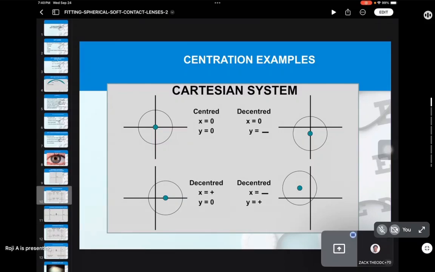But if it's decentered inferiorly, but there is no deviation nasally and temporally, then what you will have there is x 0, and y, if I would estimate here, could be around 2 to 3 millimeters off. Is it positive or negative? Of course, it's negative because it's inferiorly located. So your y value is roughly around negative 3 millimeters.